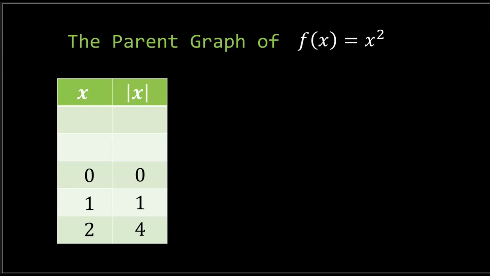On the left-hand side, -1 squared, which is -1 times -1, is going to be +1. And negative 2 to the second power is going to be 4. And we know that this is x squared, not absolute value of x. So the parent graph is going to look like this.